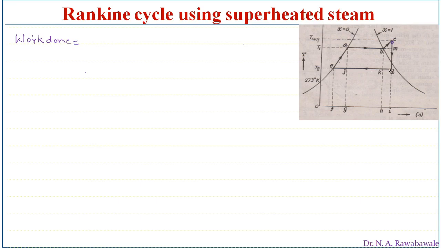So here the steam expansion takes place and work is produced. Therefore work done per kg of steam expanded is equal to enthalpy at point C minus enthalpy at point D, Hc minus Hd.